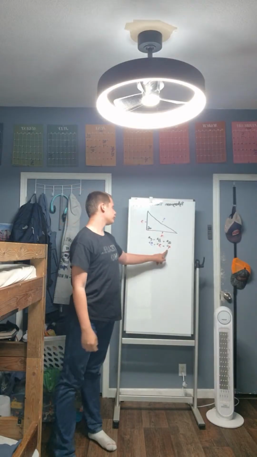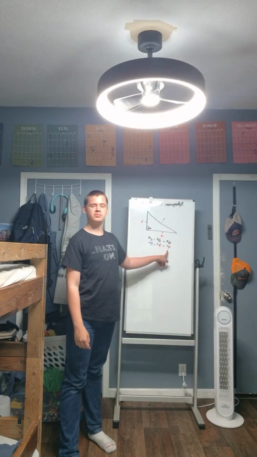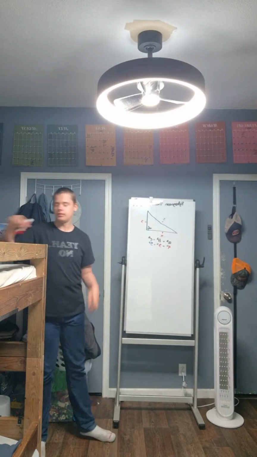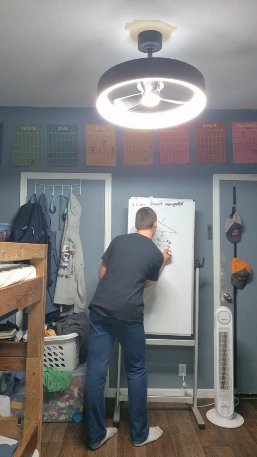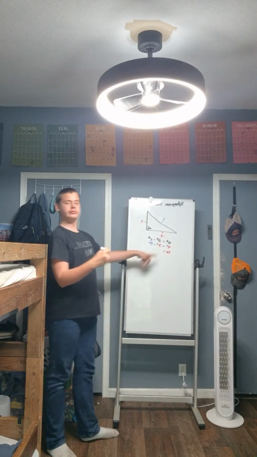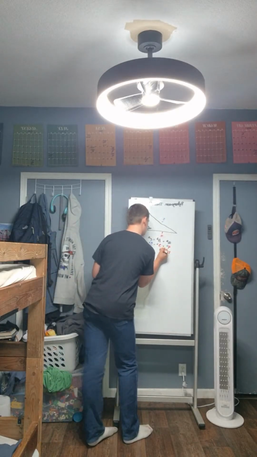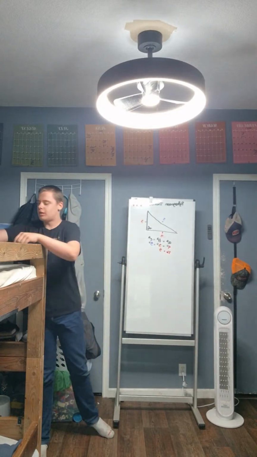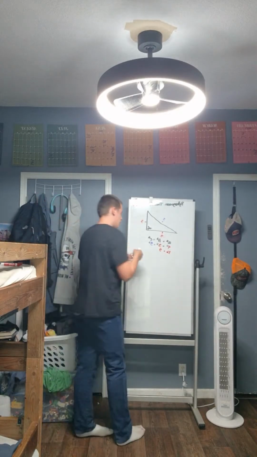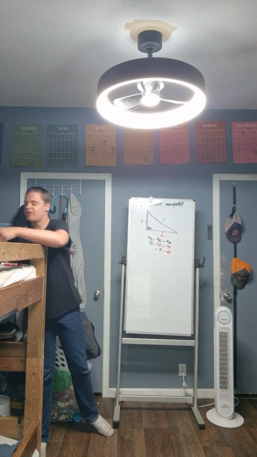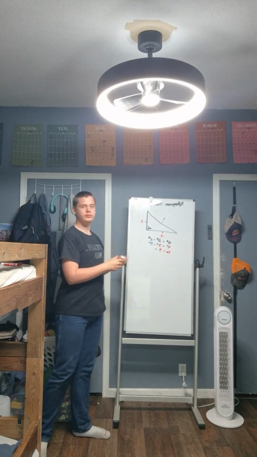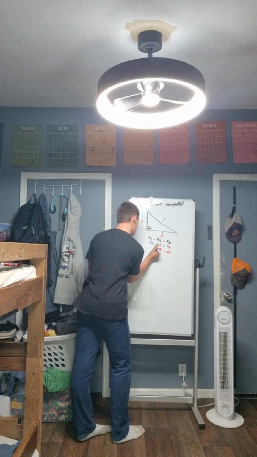So, what is 4 squared? 16. We have 16 plus, what is 3 squared? 9. Well, 16 plus 9. What is 5 squared? 25.